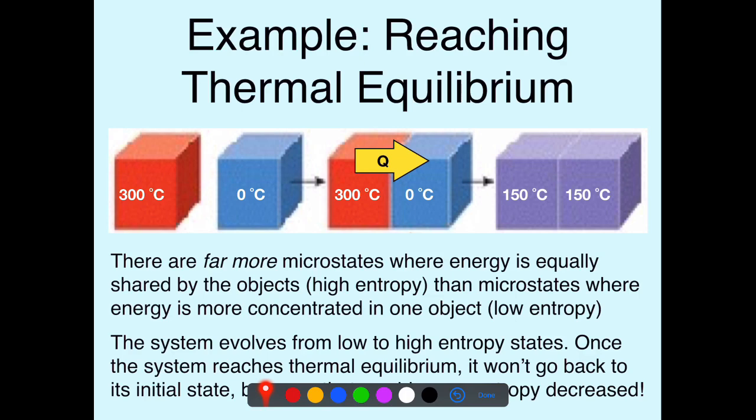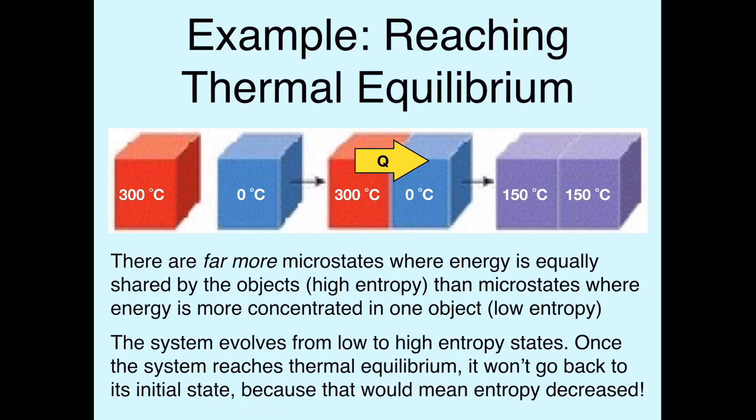So if heat is escaping the hot object, its temperature is going down. If heat is flowing into the cold object, its temperature is going up. At some point, they're going to reach the same temperature, and this is what we call the state of thermal equilibrium. Obviously, once this happens, we don't go back to the original state where there's a hot and a cold object. This is a one-way street.